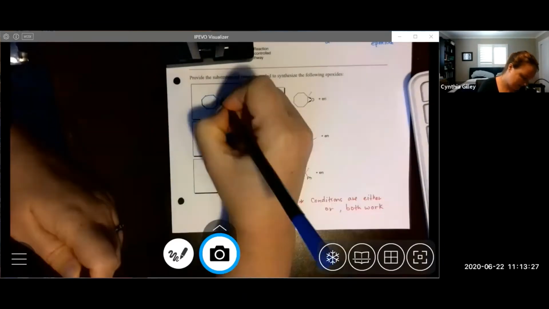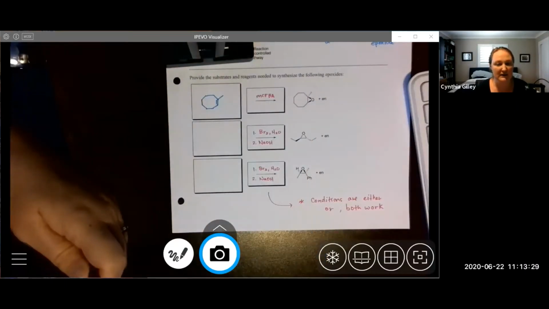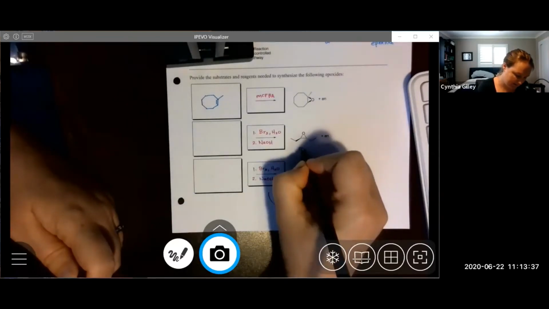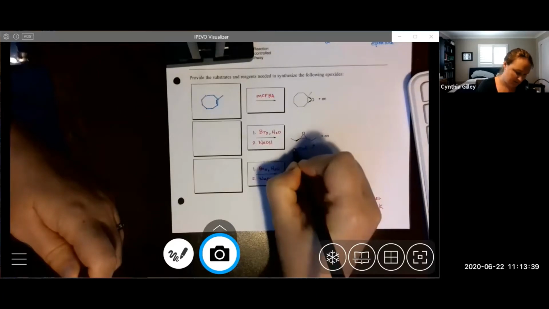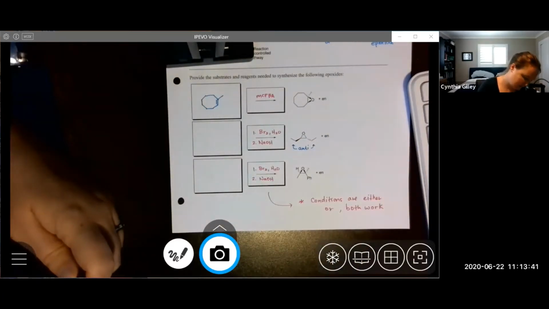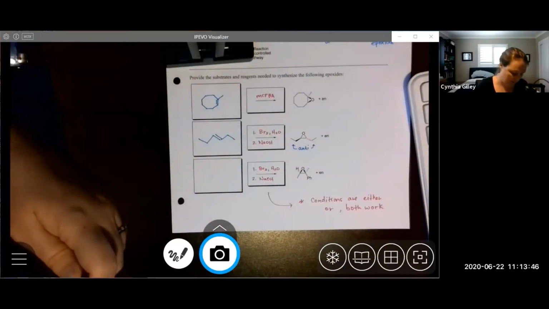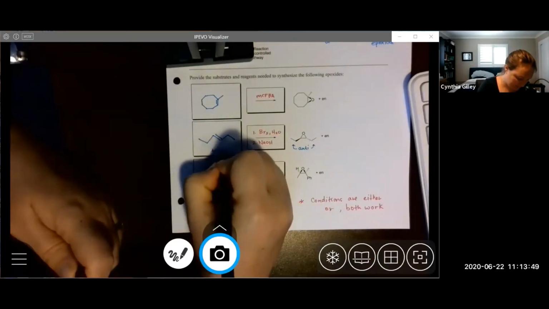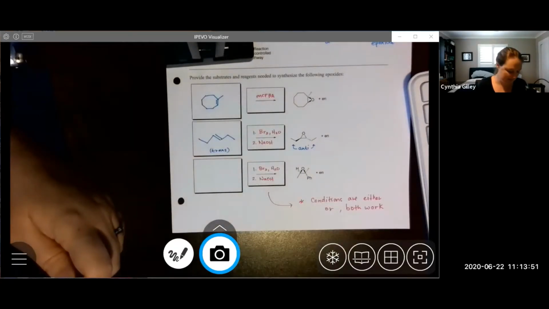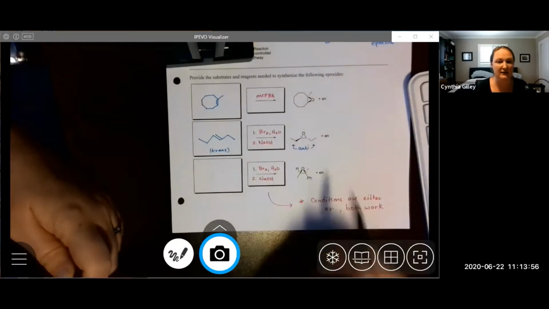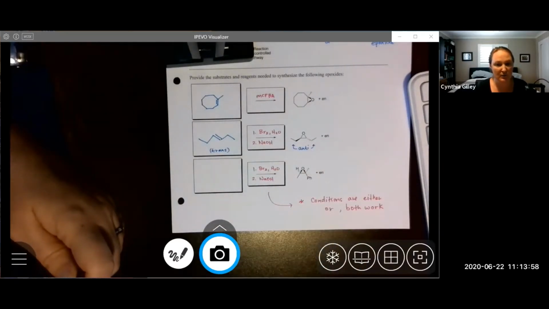It's going to be a cis one because of the ring. So we would just draw that. But here we want to pay attention to the fact that these groups are anti. So that means that we needed a trans alkene to start with. Basically, the two ethyl groups are opposite over here, so they're going to end up opposite in the product. That doesn't change when we draw the epoxide product.